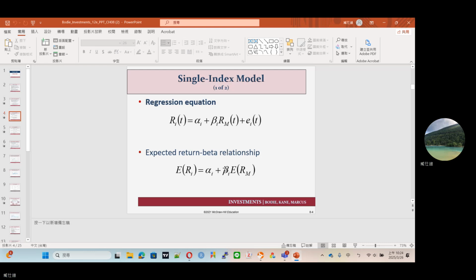For example, if beta is 1.5, that means if the market index creates 1% return, stock B would create 1.5%, right? So stock B is more sensitive to the market returns.